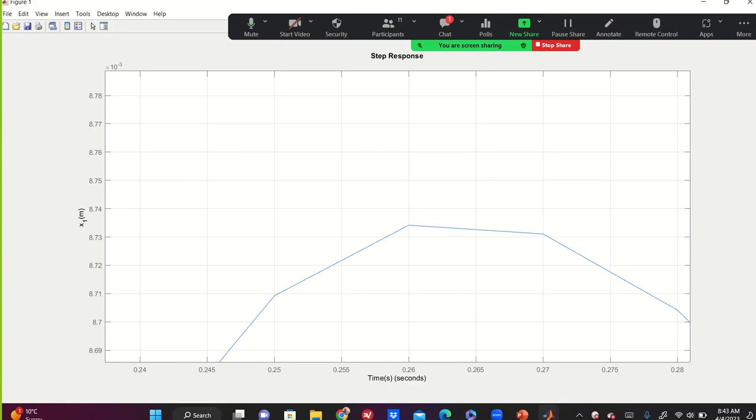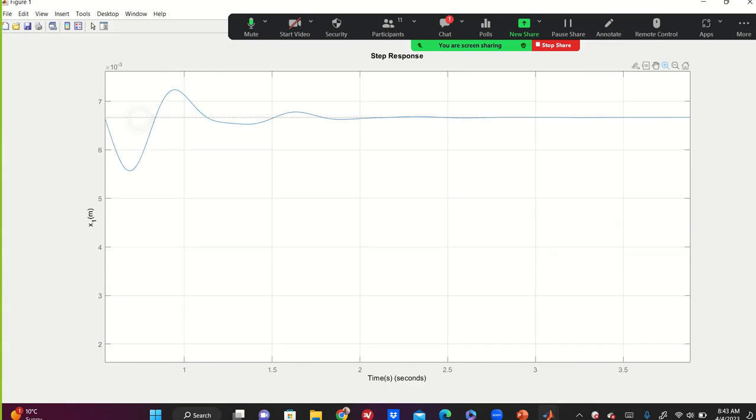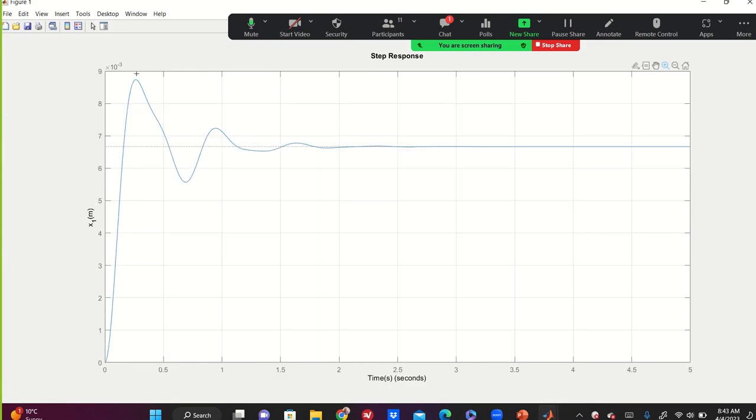So under this system, we have only one overshoot. This is the main overshoot here. Do you see? The rest are being decreased based on the damped natural frequency. What you say is the settling time. The settling time happens here.